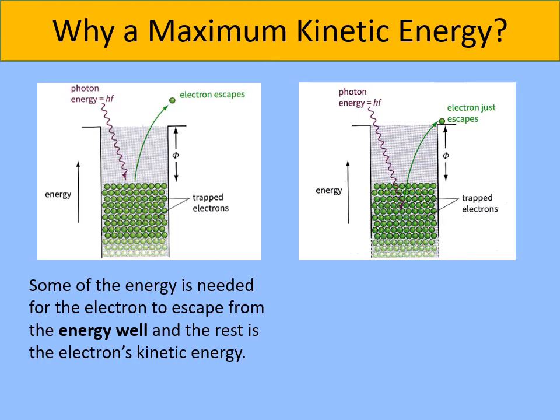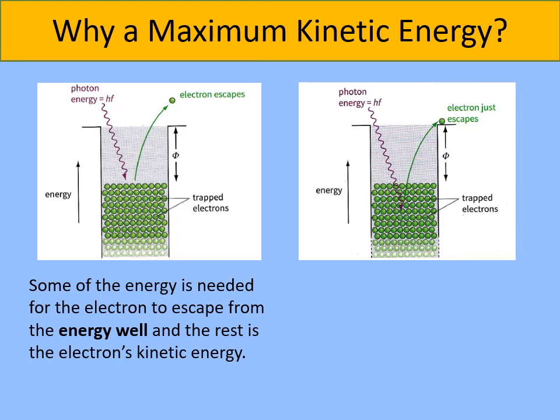It is bound to the metal by that energy, and to release it, you have to input that amount of energy. Each metal has a different structure, and so has been found to have a different work function. Those that hold onto their electrons lightly have a low work function, and those that hold on tightly to their electrons have a higher work function.